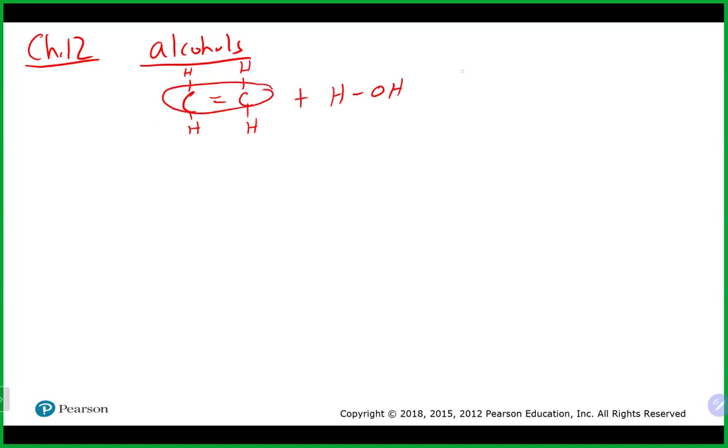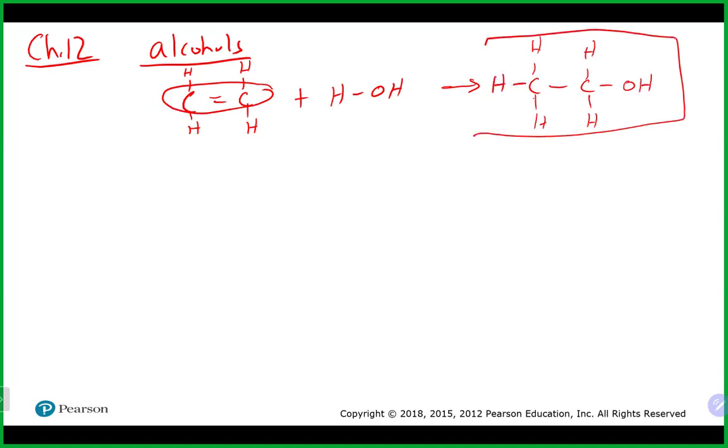We make our double bond into a single bond, and that's going to make room for our alcohol group to come on. In this case, it's not going to matter which one you put it on. You'll get the same alcohol here. And that is, again, how we prepare it. We go from an alkene, we add water, and that gets us an alcohol in this case. And as we talked about, that is ethanol.